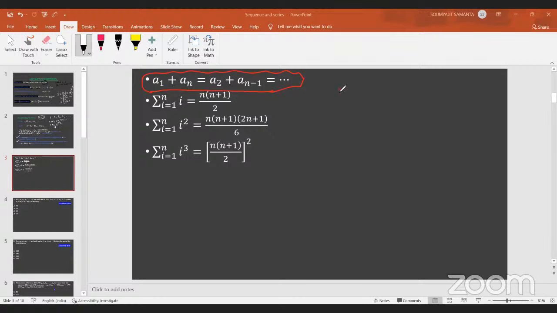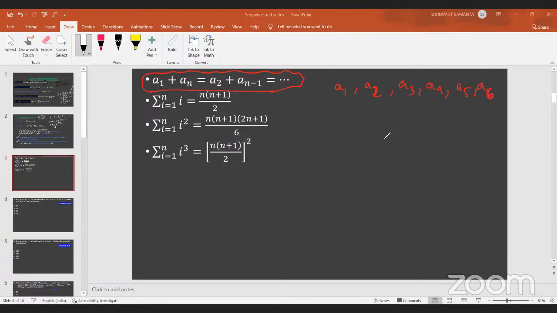Like, if A1, A2, A3, dot dot, let me write all the terms: A4, A5, A6.